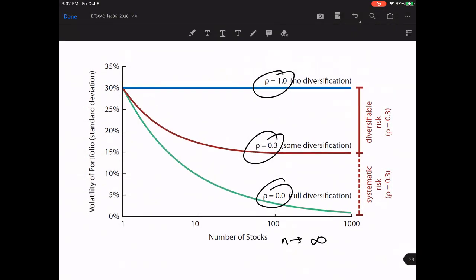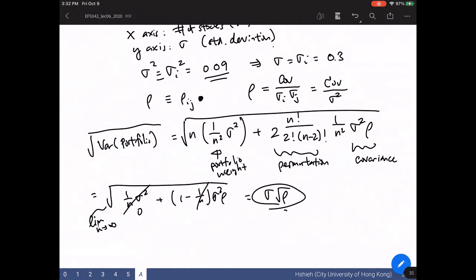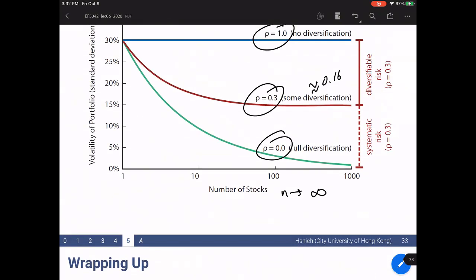So this is around 0.16 volatility. Okay, but if there's zero correlation between your assets, so that's rho equals 0, you should notice that your variance also goes to 0 for your portfolio. And that's why it converges to 0.